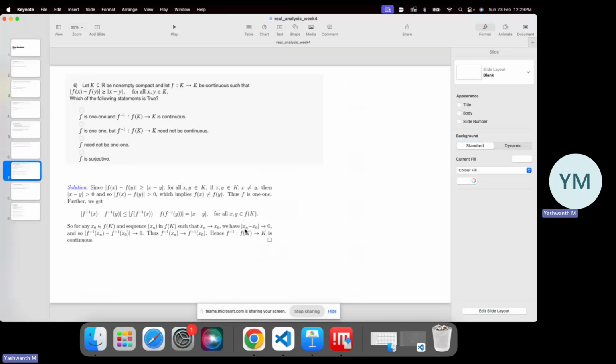So xn converges to x naught, and we have f inverse of xn minus f inverse of x0 converging to 0. Hence f inverse of xn goes to f inverse of x0, and thus the function f inverse is continuous.